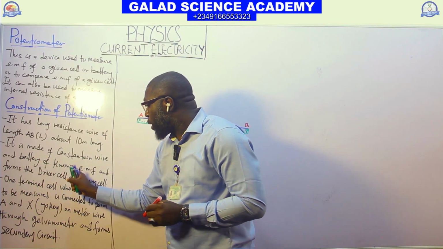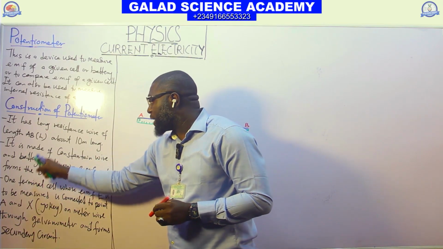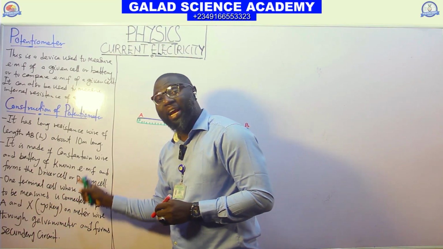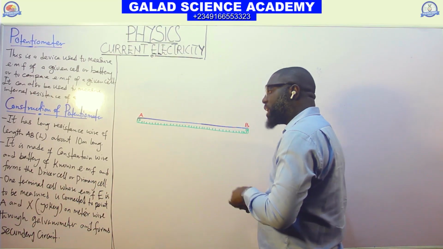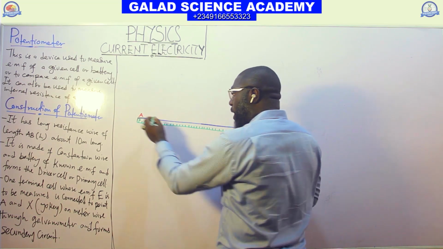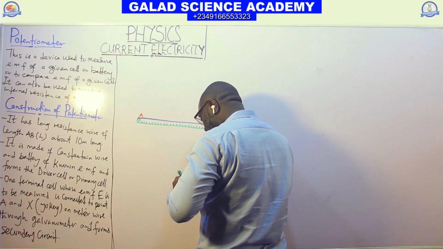One is made up of constantan wire and a battery of known EMF, forming a driver cell and driver circuit. Let me show the battery now. I'm using blue to let the wire be.